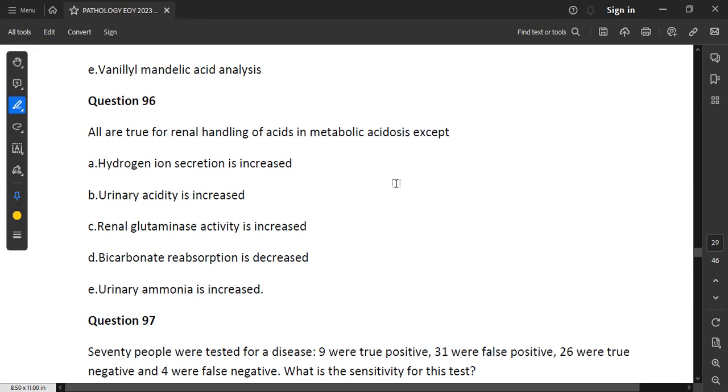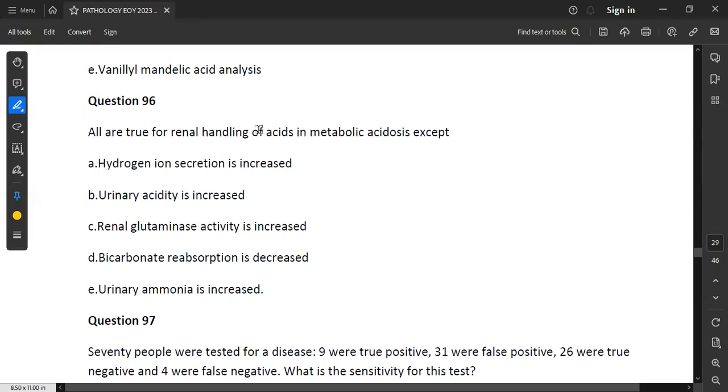A, hydrogen ion secretion is increased. B, urinary acidity is increased. C, renal glutaminase activity is increased. D, bicarbonate reabsorption is decreased. E, urinary ammonia is increased. What do we think is the answer here?